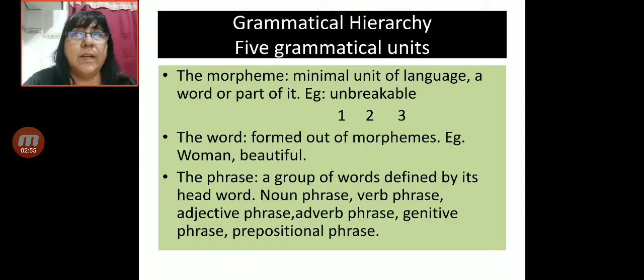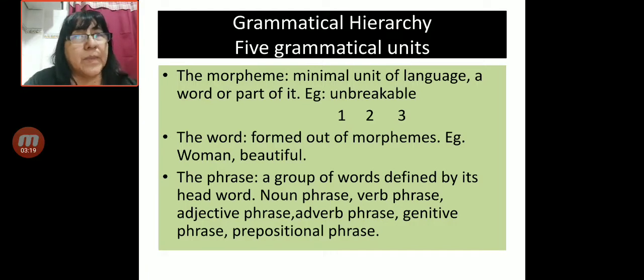Then we have another unit, which is the phrase. What is a phrase? It is a group of words defined by its head word. That is to say that each phrase has a head.